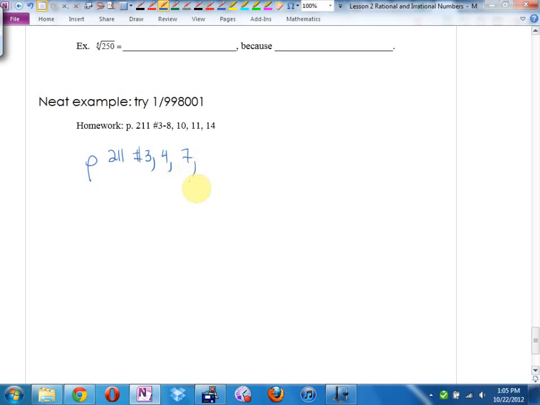Seven is good. 10's going to come later. 11's going to come later. 14 is good. And we will pause there. There's about 6 or 7 minutes left. Let you try that. Okay.